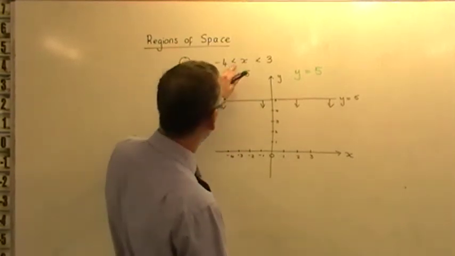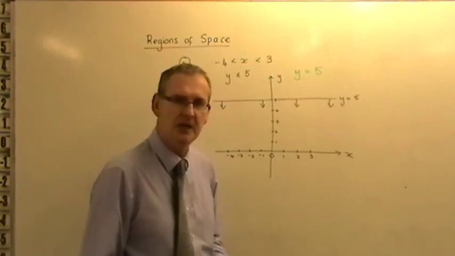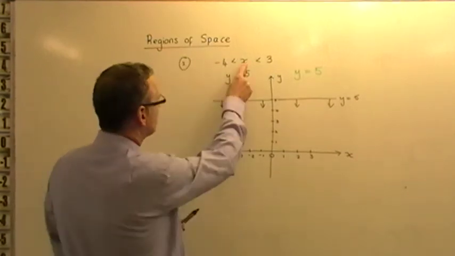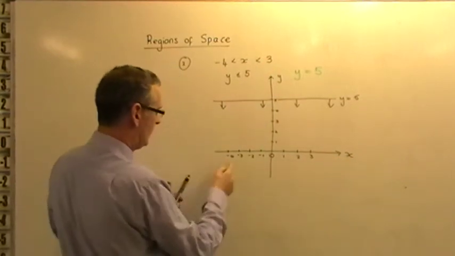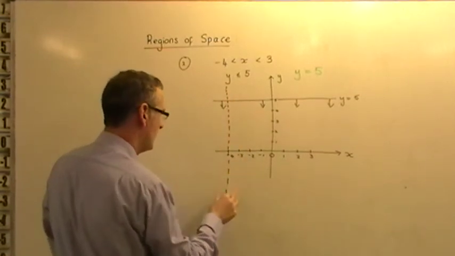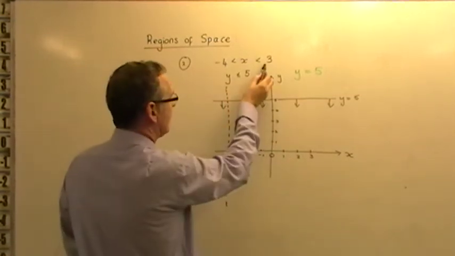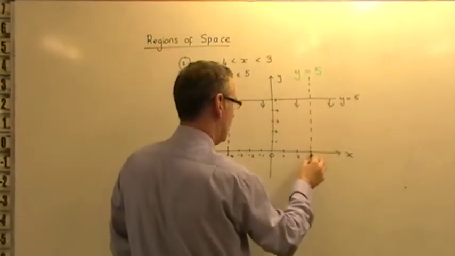Well, notice first of all that there are no equality symbols, so the lines we're going to draw are dotted. And for x values from -4 to 3, on the x-axis you go to -4 and you draw a dotted vertical line. And x must be less than 3, so you go to 3 on the x-axis, you draw a vertical line.